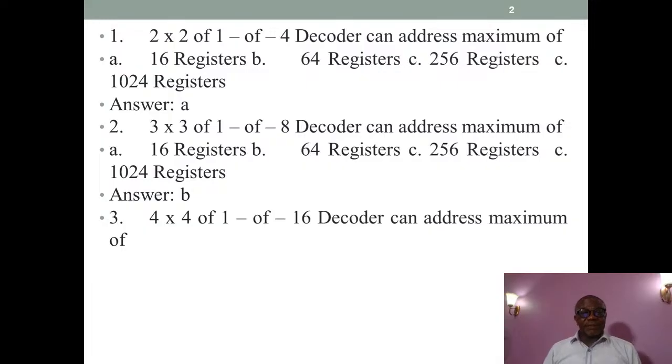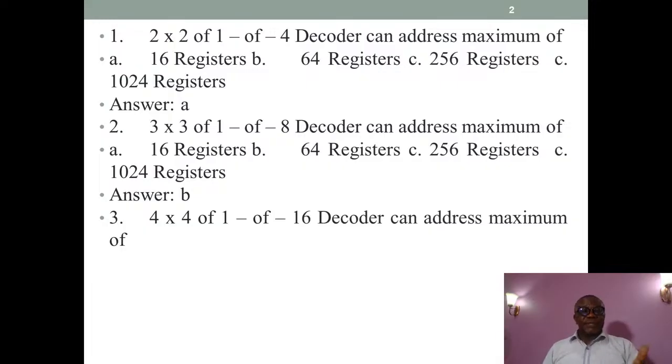That is 1111, in hexadecimal is 15, but in decimal it will be from 0 to 15. If 0 is inclusive, it means you have 16 rows.